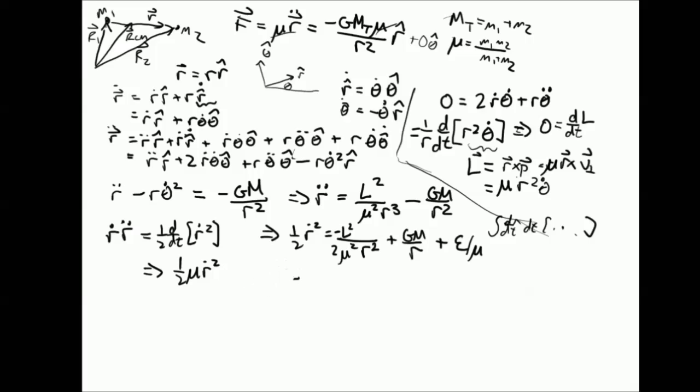I think this is going to be a little clearer. So I'm going to add this term first, L squared over 2 mu r squared minus GM mu over r, and that's going to be equal to E.